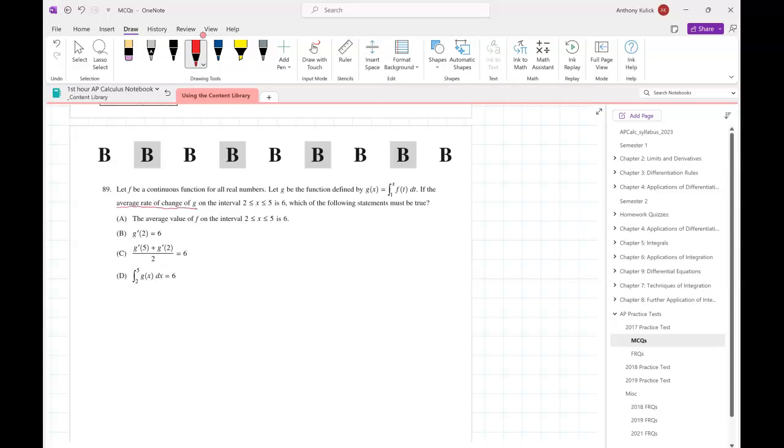When we see average rate of change, what are we looking at? Slope. So I know that g of 5 minus g of 2 over 5 minus 2 is equal to 6. Is everybody okay with that?